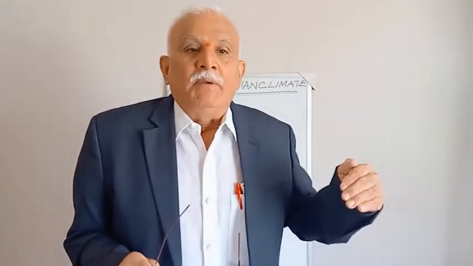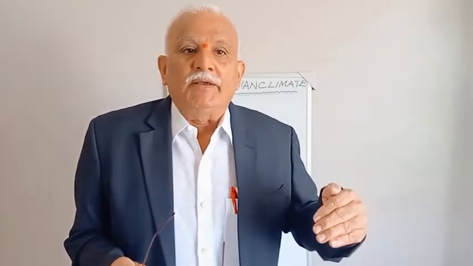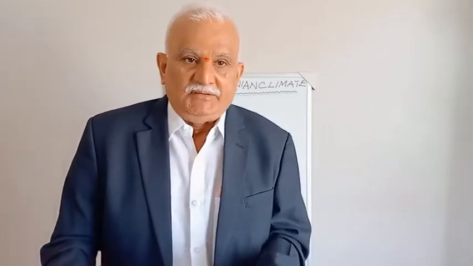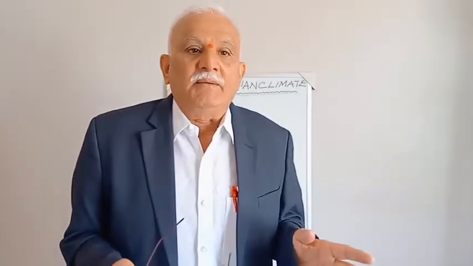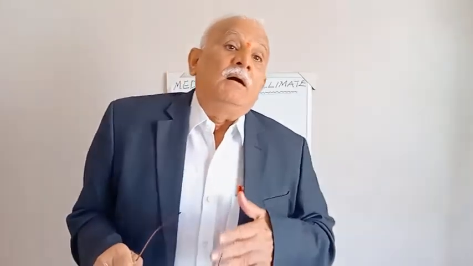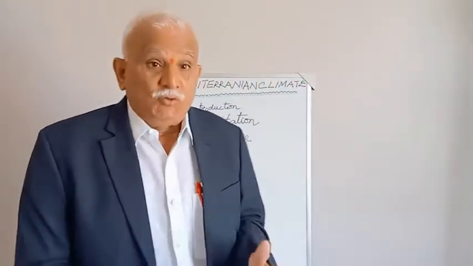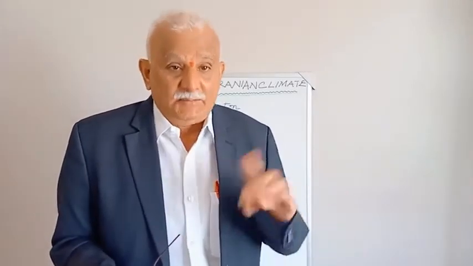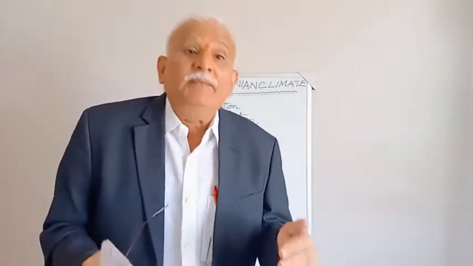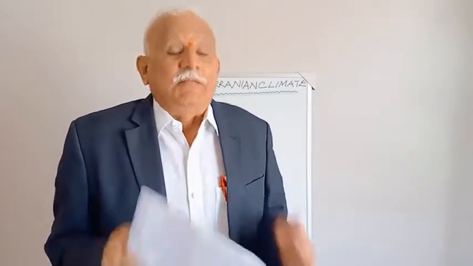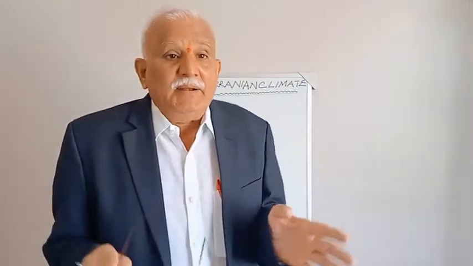A. Mediterranean climate is found only in Mediterranean basins. B. Mediterranean climate is also observed outside the basin. Both A and B are correct? Only A is correct, B is wrong? That's why I would like to impress upon you that Mediterranean climate is not only in the Mediterranean basin.